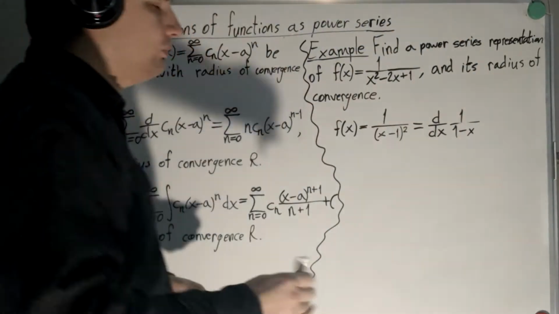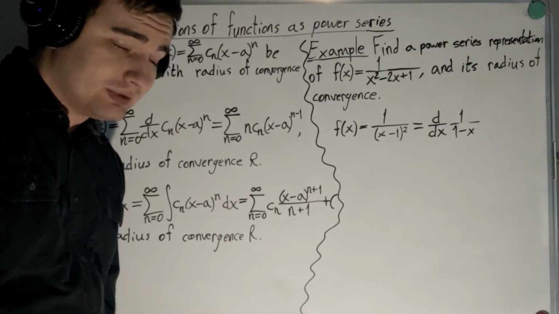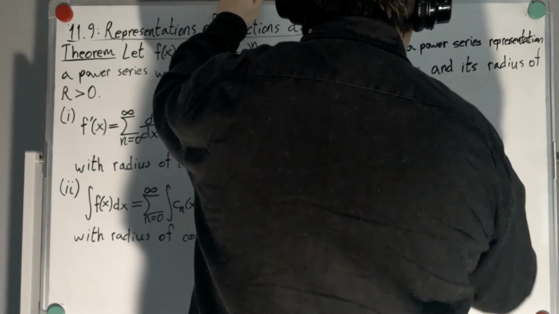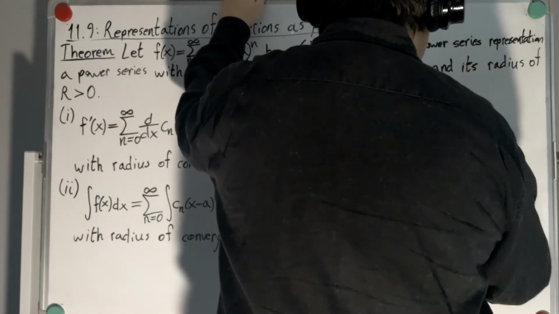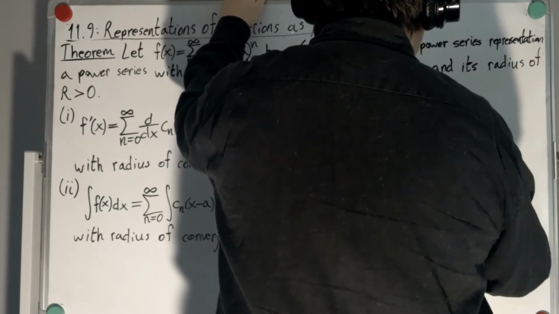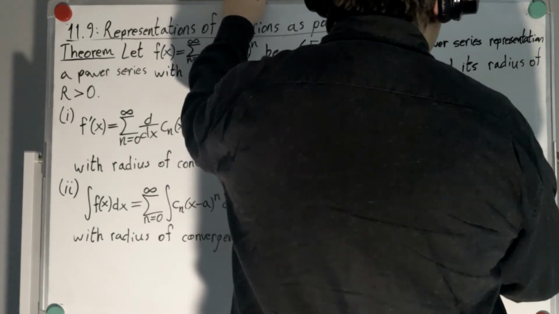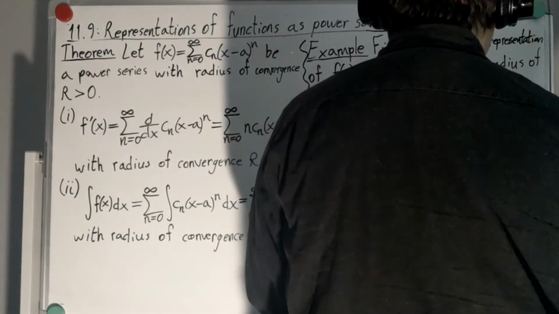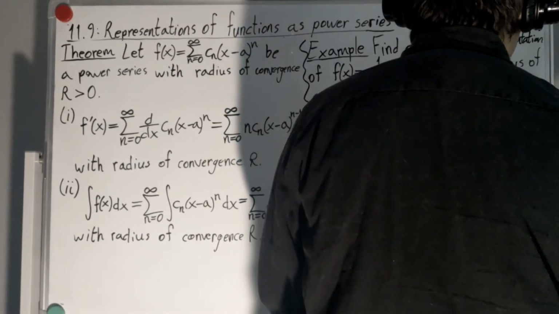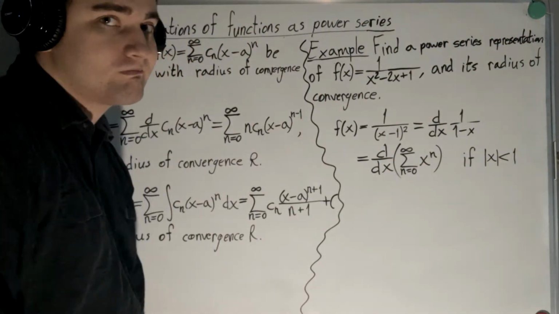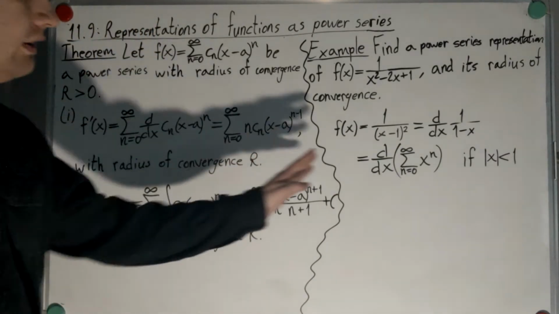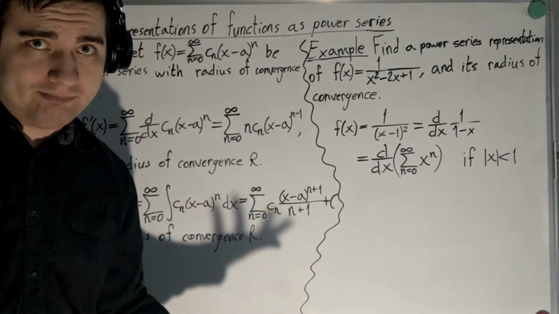All right, but the important thing is that for 1 over 1 minus x, we have a power series representation. So this is the derivative of, as a power series, the sum from n equals 0 to infinity of x to the n, as long as the absolute value of x is less than 1. And then according to this theorem, we can take the derivative of each term of this individually.